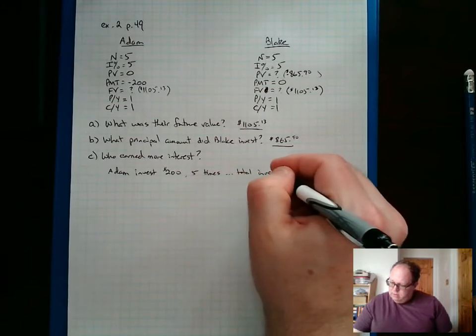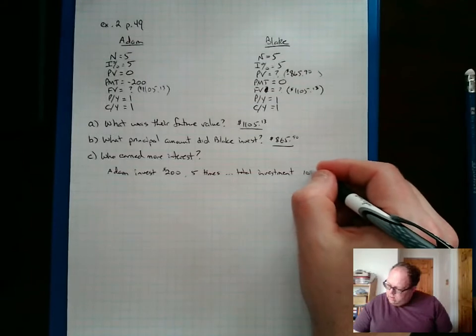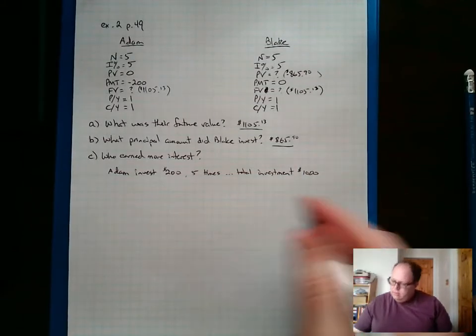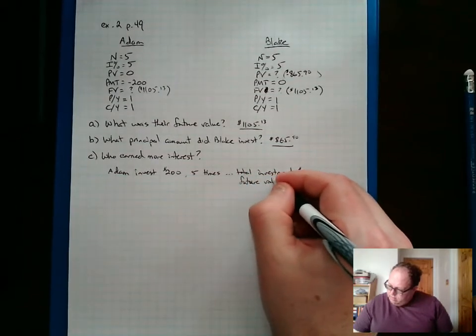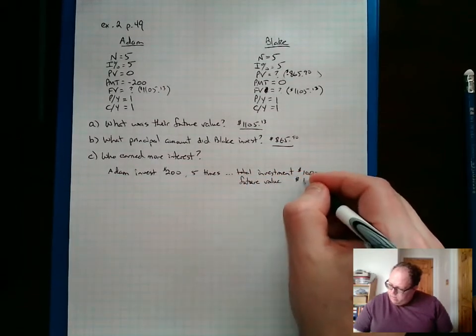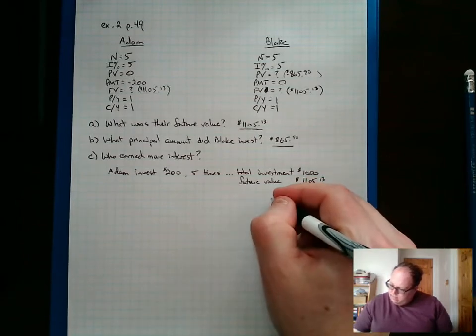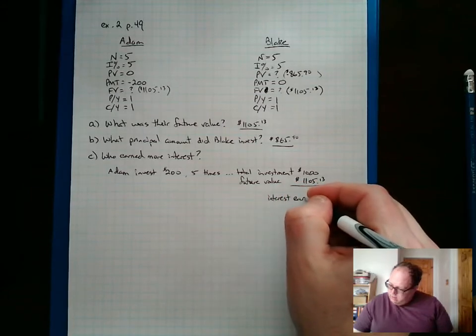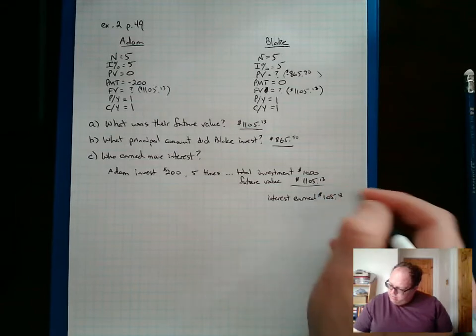Total investment $1,000. The future value was $1,105.13. Therefore, his interest earned was $105.13.